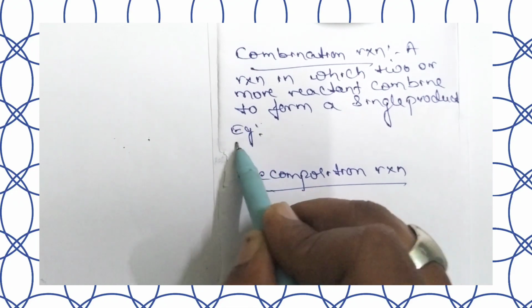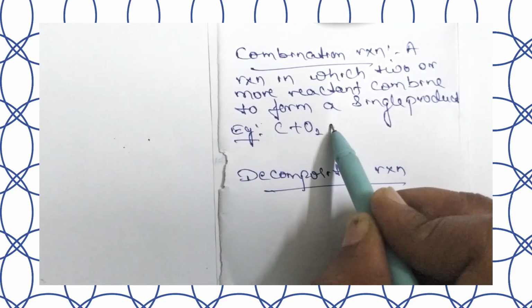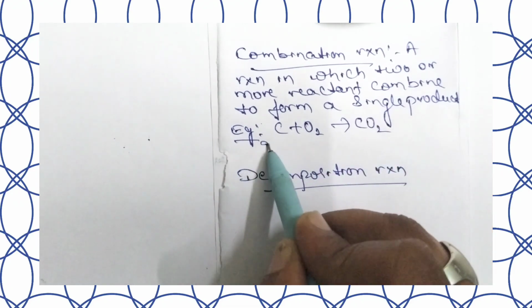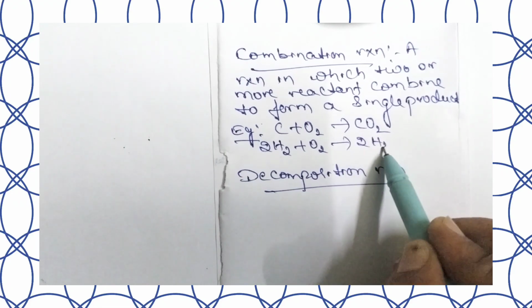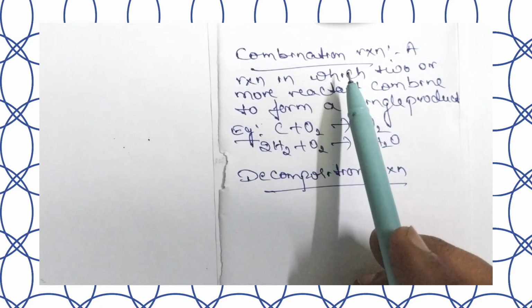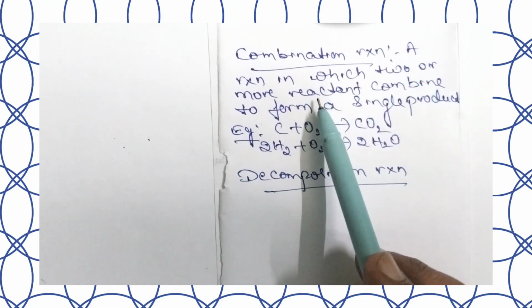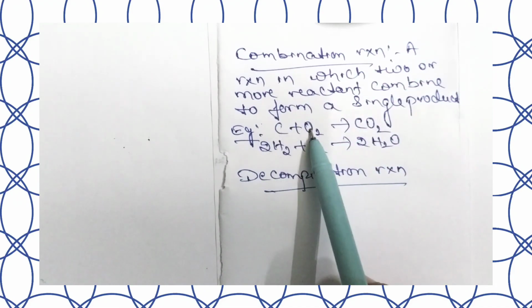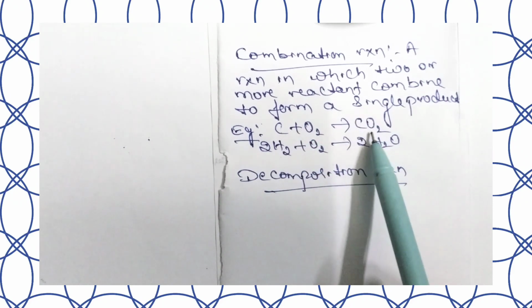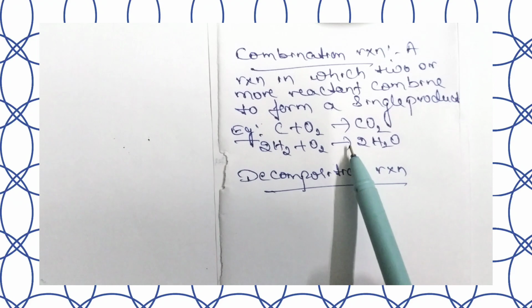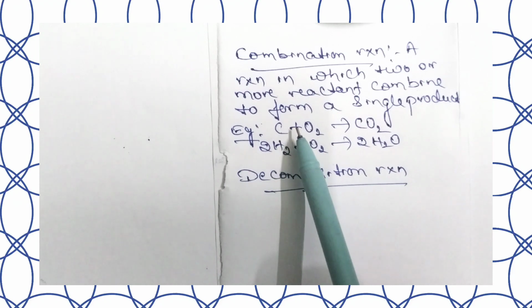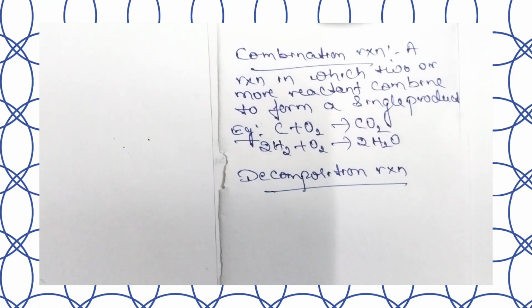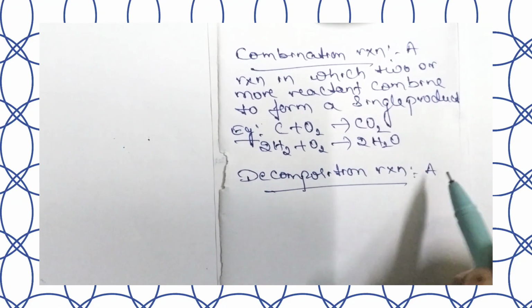Example, C plus O2 gives CO2, 2H2 plus O2 gives 2H2O. In a combination reaction, two or more reactants combine. These two are reactants, they combine to form a single product. So if two or more reactants combine to form a single product, it is a combination reaction. Then what is a decomposition reaction?